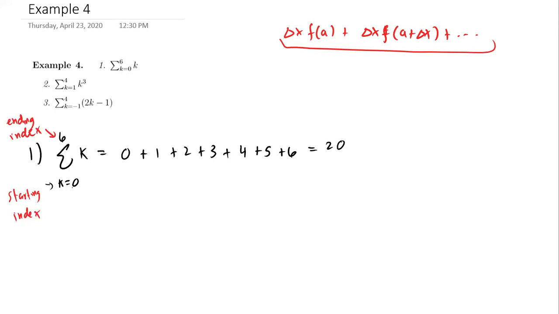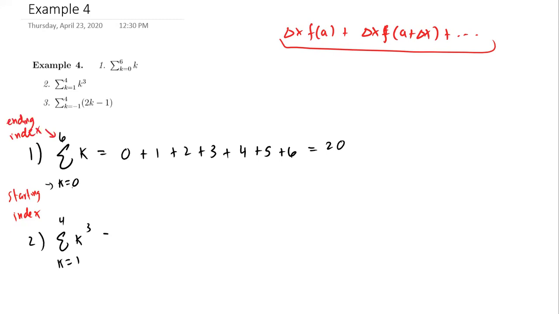Okay. Now we could do things that are a little bit more complicated. For example, the next one I did was the sum from k equals 1 to 4 of k cubed. What does this mean? Add k cubed as k goes from 1 to 4.